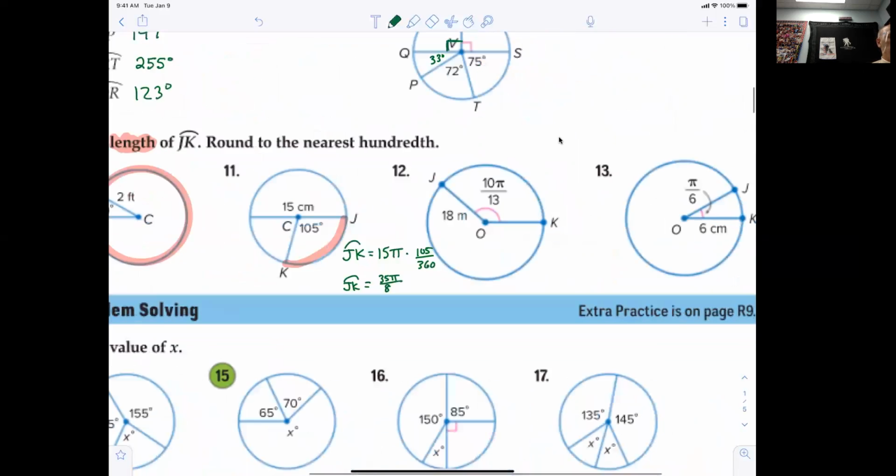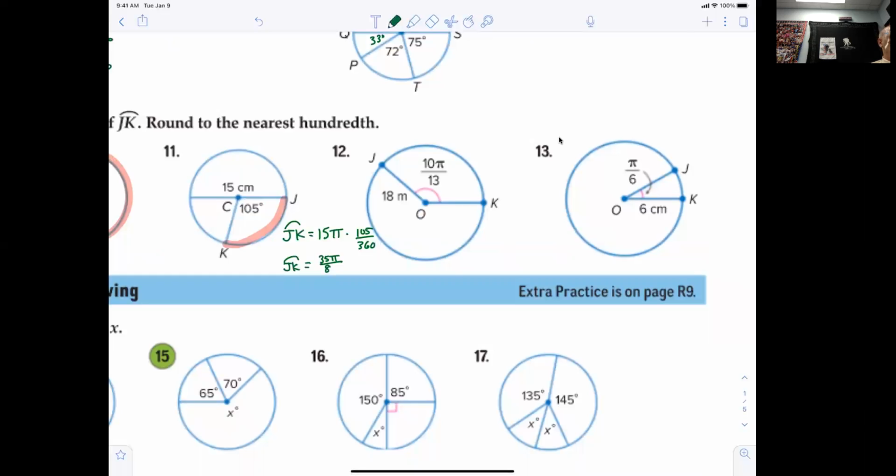Yeah, I remember this now. All right, listen, guys. I remember this from last year. We're not doing 12 and 13. I have no idea why they're trying to introduce this in geometry, but this would generally be written in pre-calculus. You're going to learn about radians and how radians are just a better way to measure angles.